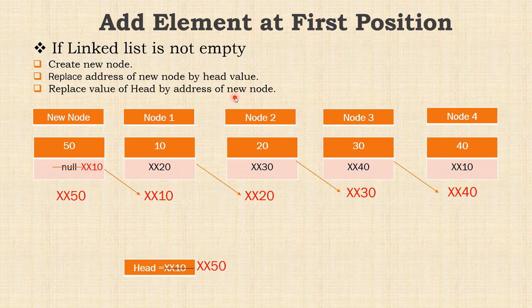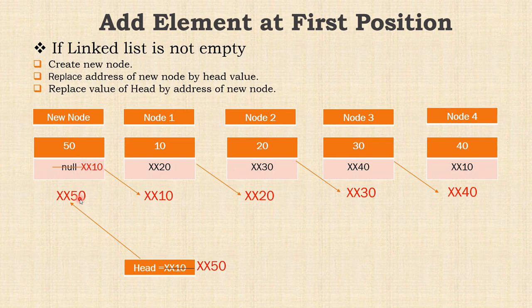So it is not pointing to the previous node anymore, that means the first node. Now it will point to your new node, okay. So now this is the first node and this will be the second node, this is third, this is fourth, this is fifth. Now head is pointing to your new node, which is the first node now. So this step is also done.